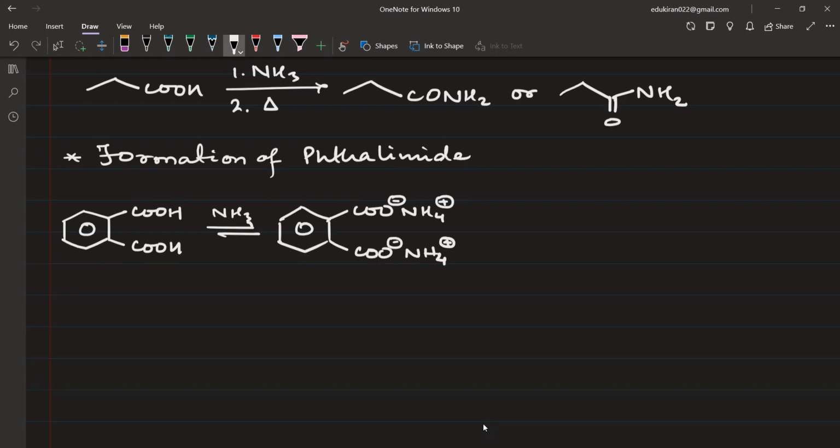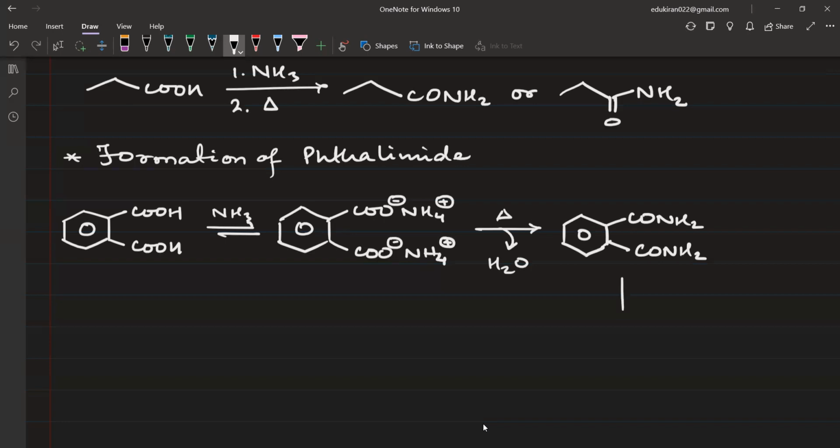Now, once you heat, water is going to be liberated, and you will be getting CONH2 from here and CONH2 here also.